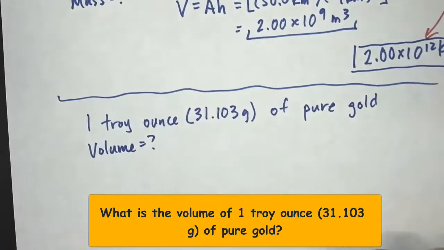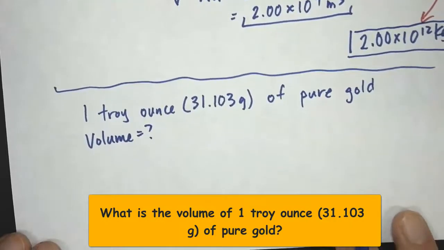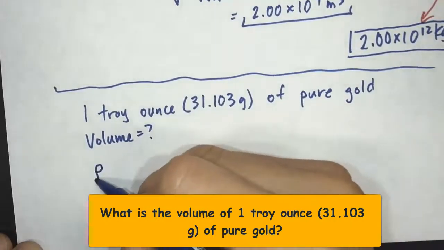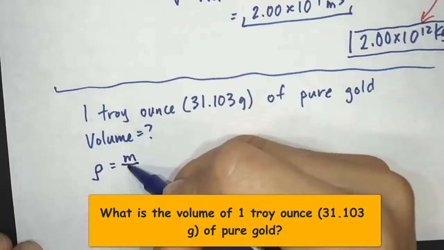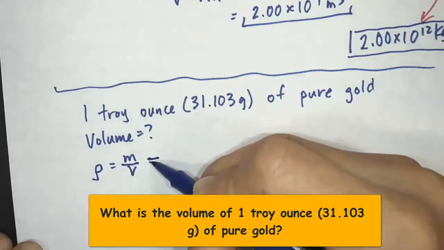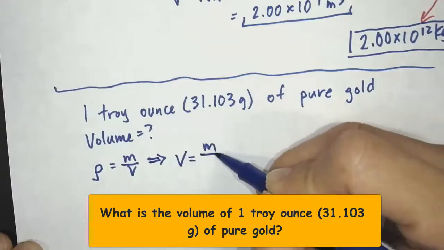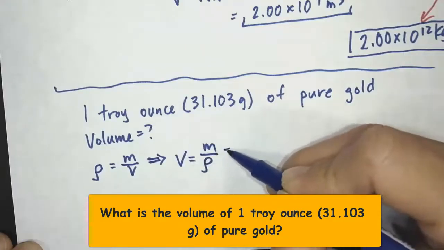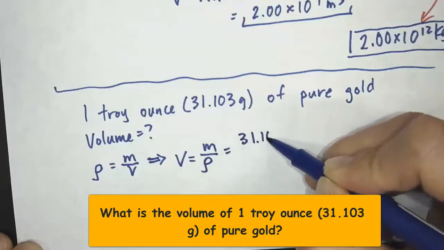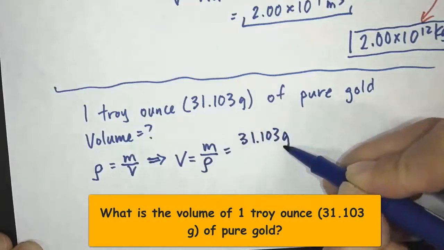Okay, so once again, I'm going to start with my density equation. Density equals mass divided by the volume. This time I'm looking for volume. So I'm going to rearrange my equation to solve for volume. It's going to be mass divided by the density. The mass is 31.103 grams.